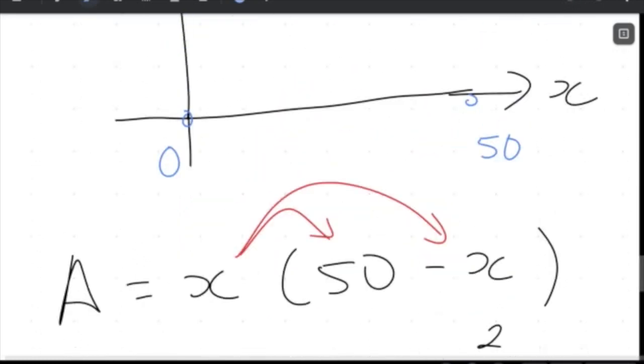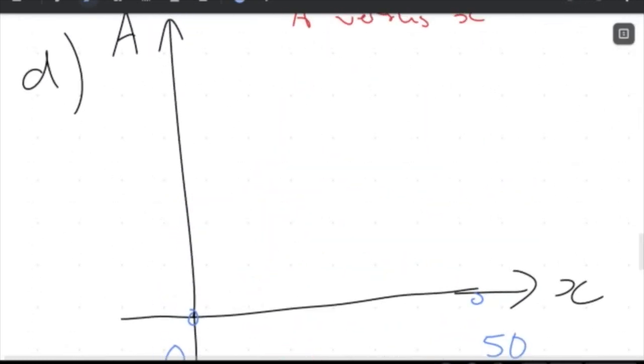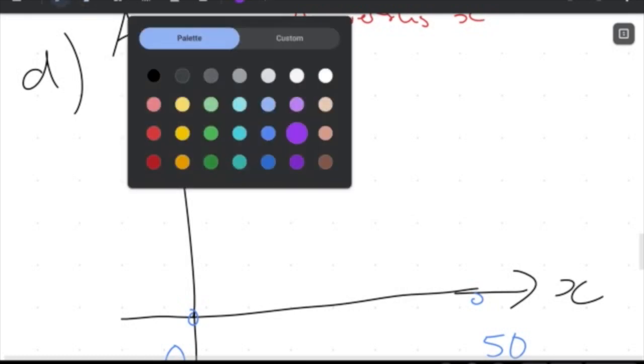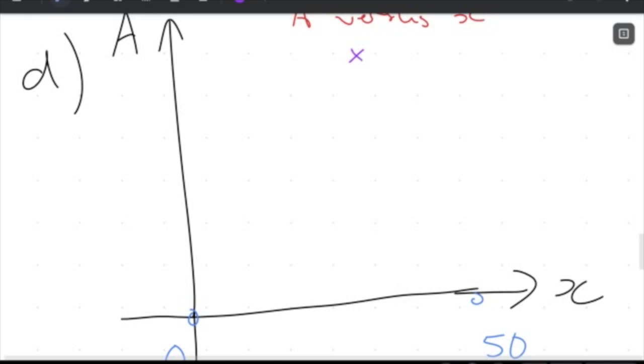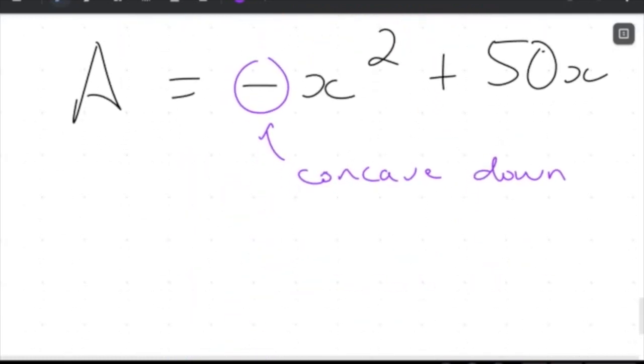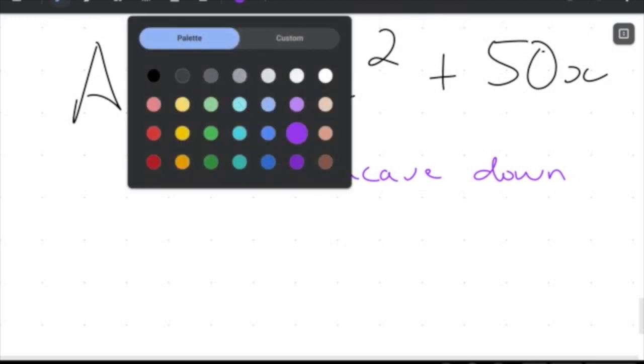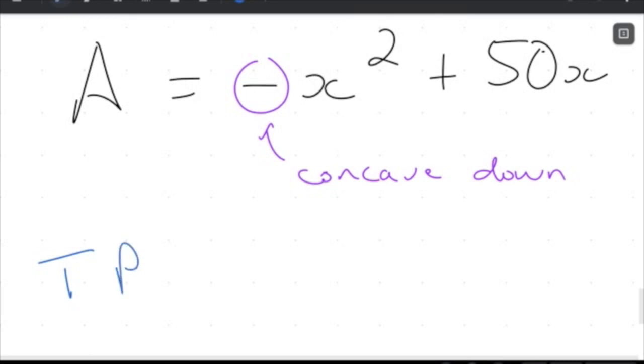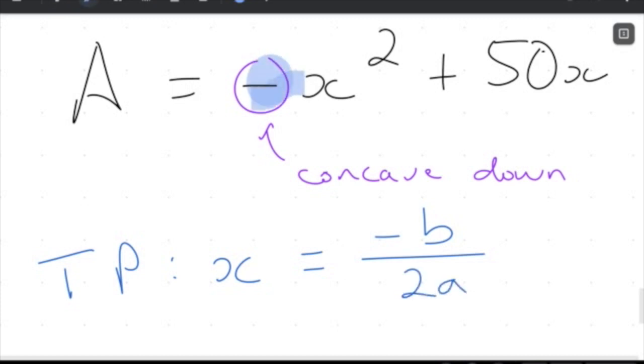And just to draw this, what else do we know? Well, we know there's going to be some kind of maximum turning point on my concave down parabola. And I want to find that here. Now, using what I know about the turning point, I can get the x value when I do minus b, the coefficient of x, over 2a, where a is the coefficient of x squared.